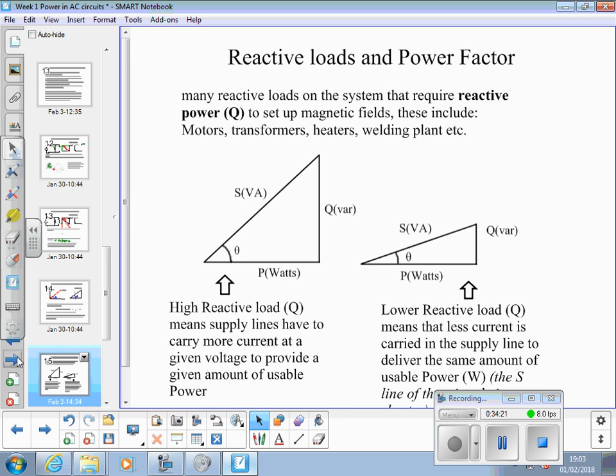Okay, reactive loads and power factor. Any reactive loads on the system require reactive power Q to set up magnetic fields; motors and transformers are typical ones. Heaters, welding plant.